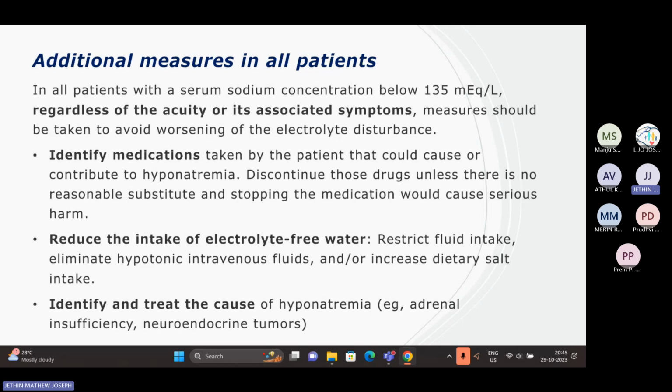Another recommendation is reduced intake of electrolyte-free water, so we are restricting fluid intake. And the most important step is identifying and treating the cause of hyponatremia. This was covered in our diagnostic approach in the last class.